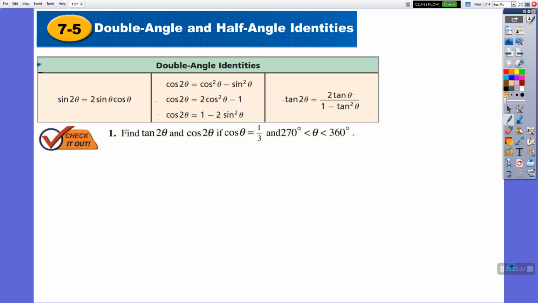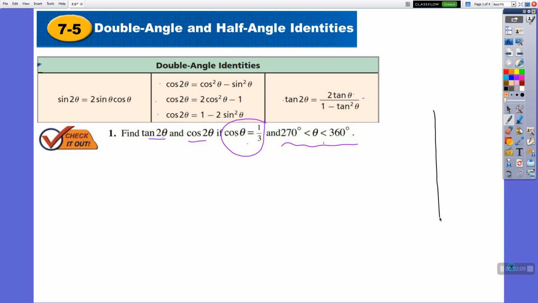So let's find tangent 2 theta and cosine 2 theta if cosine theta is given in that interval. The interval is given so that we can find the missing trigonometric functions. What is missing here? Here is the formula. We need tangent here. We are given cosine, but we don't know what our tangent is. By using the interval, we are going to find our missing trigonometric functions.